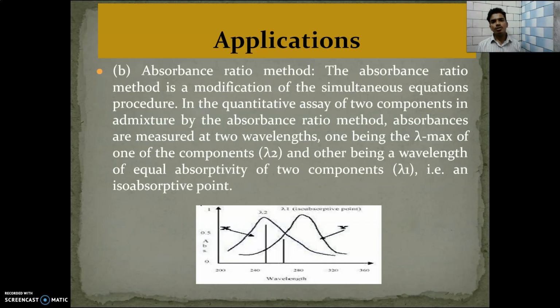Then another absorbance method is also available. In that, the absorbance ratio is a modification of the simultaneous equation procedure, and the quantitative assay of the components is done by the absorbance ratio method.